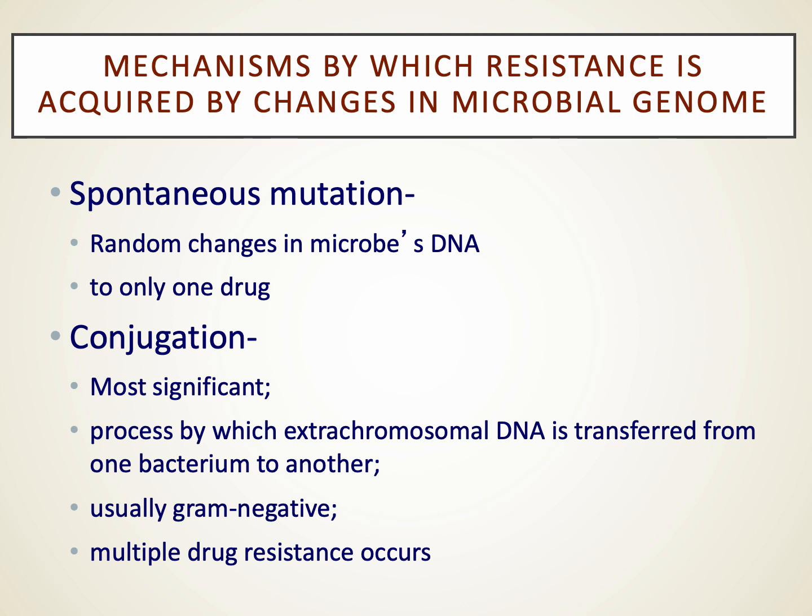It could also be done by conjugation, and conjugation is probably the scariest thing. It's the process where one bacteria can introduce chromosomal DNA to another bacterium. We see it with some gram-negatives in particular, that they can transfer multiple drug resistance. If you've ever seen an image of this, it looks almost like a jet fighter getting refueled in flight, where one jet hovers over the other jet and threads the fuel line to the second jet.